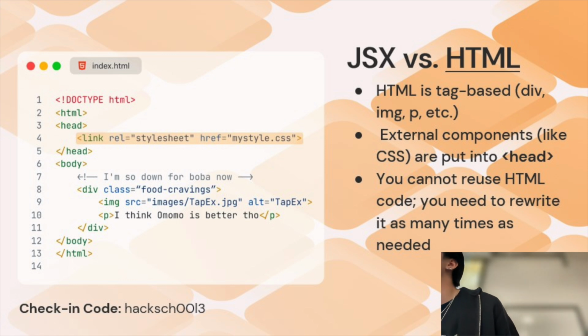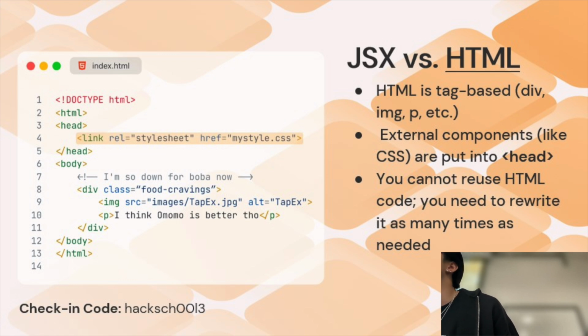And then you might think that JSX and HTML are pretty similar after what I just said, but I'm just going to note some key differences. Starting from HTML, HTML is tag-based. So here, as you can see, we have the div, images, the p tags, like we talked about before.